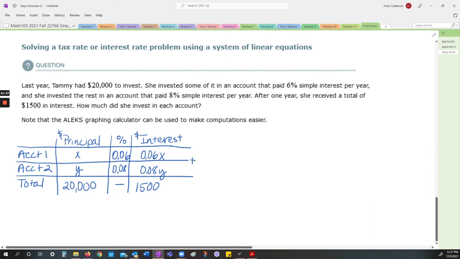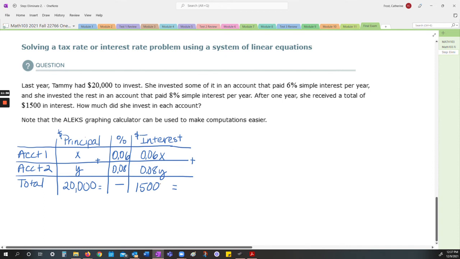If we add each account's interest together, we should get the total interest. And same thing for the first row. If we add the amount in each account, we'll get the total amount that she invested. So these are going to be our two equations.